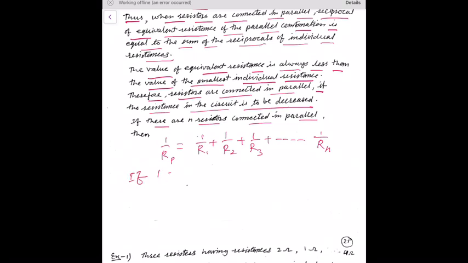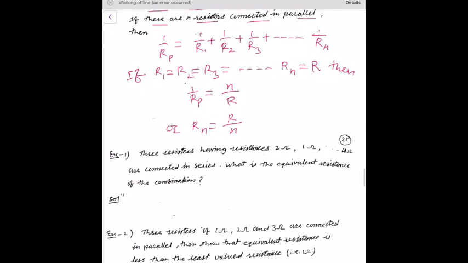If R1 is equal to R2 is equal to R3 is equal to Rn is equal to R, then 1 upon Rp is equal to n upon R, or Rp is equal to R upon n.